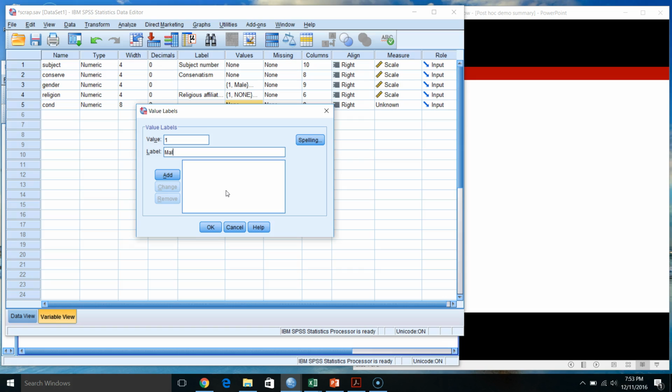So this will be male, none, female, none, 3, male, Catholic, 4, five, Protestant, 6, Protestant 7, Jewish and 8.